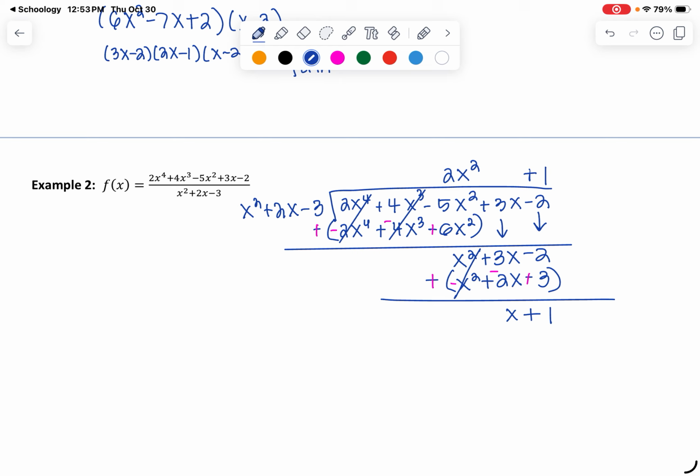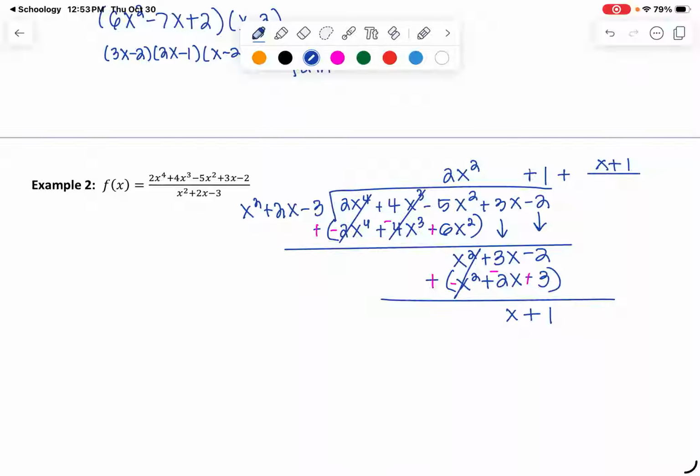Now, I would start over and look at the first term and the first term and ask myself, what do I multiply x squared by to get an x? But I know that this is my remainder because I was already at my linear term. All I have left is a possible remainder, okay? There's nothing I can multiply this by to get this other than a negative exponent. So I'm going to write my remainder. I'm always going to write a plus sign. Then I'm going to make a fraction. In my numerator goes my remainder, x plus 1.